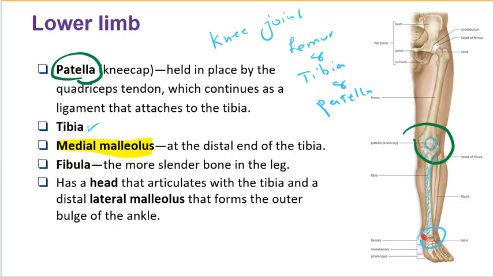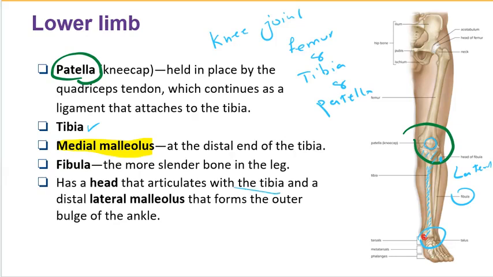And then the fibula is a long, slender, thin bone in your leg that you can find on the lateral side of your leg. It has a head, and this head on the top part articulates with the tibia, but it doesn't make the knee joint.